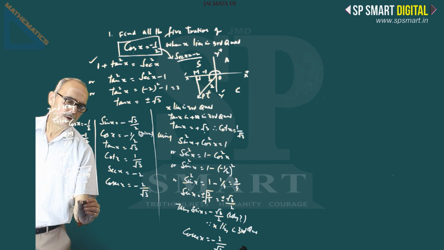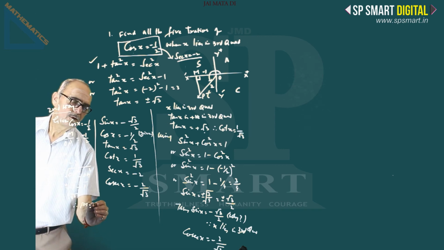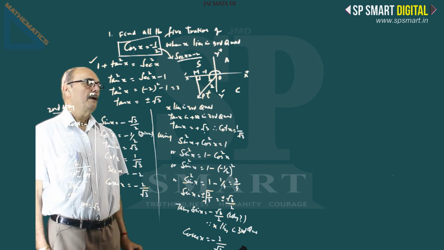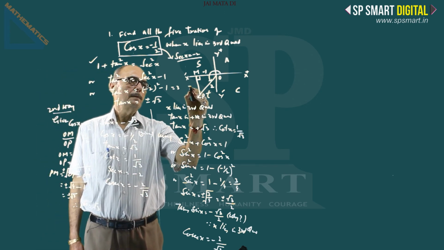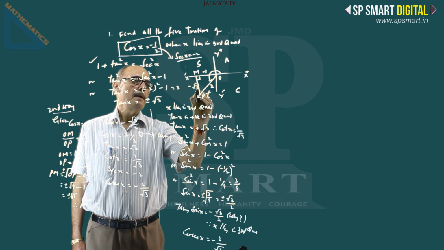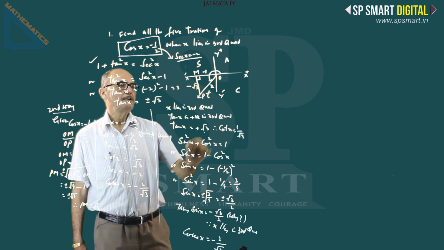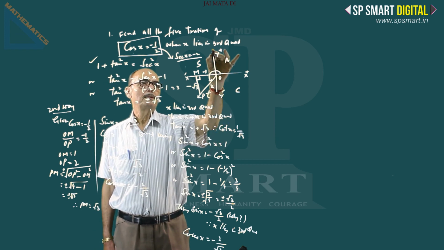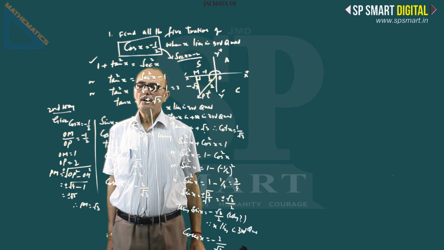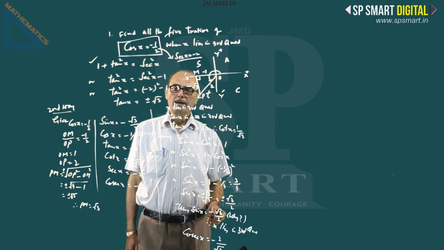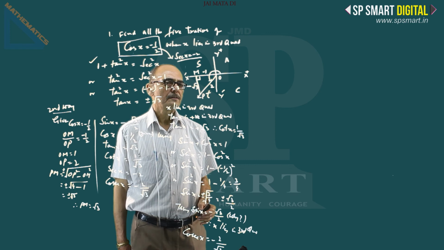So, therefore, length of PM is root 3 and this is minus root 3. Mind it, learn this, the minus indication is whether it is parallel to OY dash or O plus Y. So, now you can find out the other trigonometric ratios by using the sides of this right angle triangle.